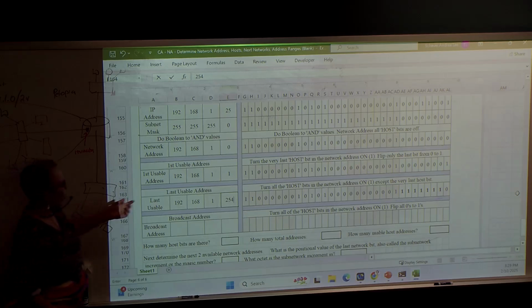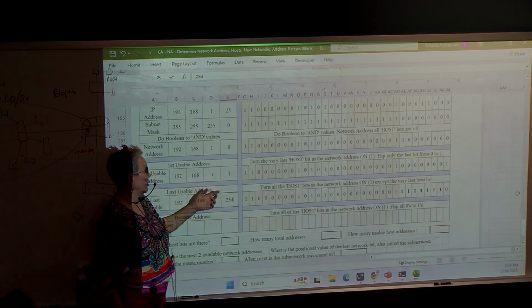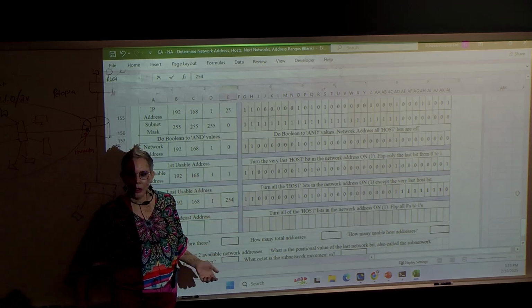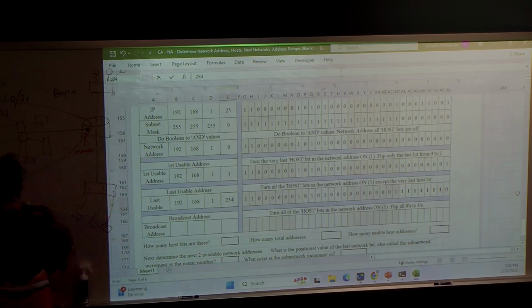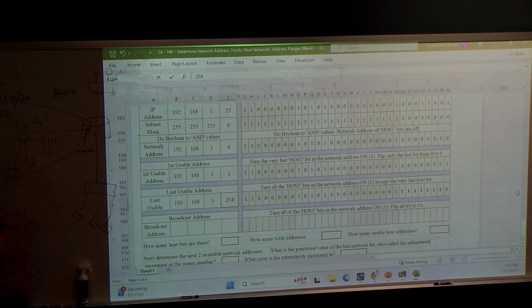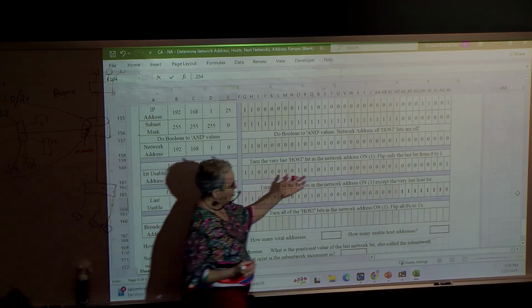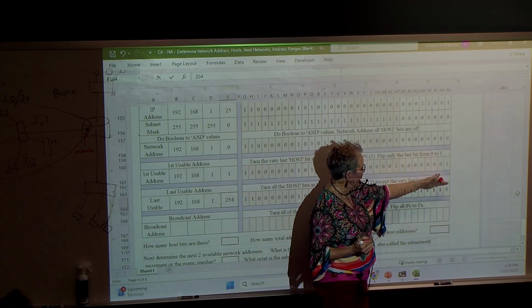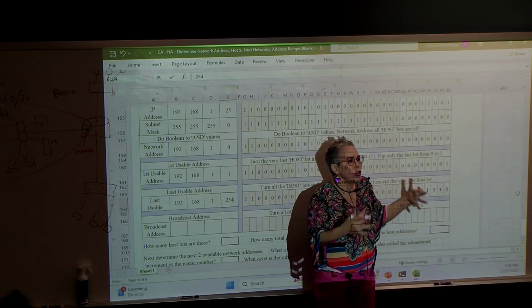Now, what about 192.168.1.3? Is that usable? Okay, so I could assign that to my server. What about 1.27? I could assign that to my printer. What about 1.5? Everything between 1 and 254 is usable.